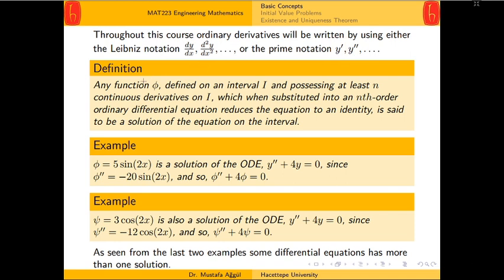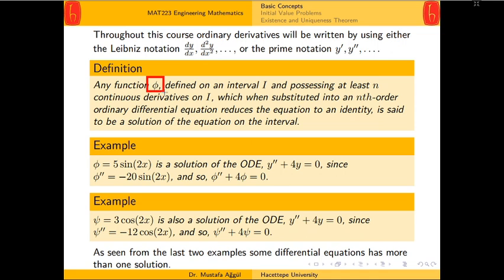Okay. A definition: any function phi defined on an interval I and possessing at least n continuous derivatives on I, which when substituted into an nth order ordinary differential equation reduces the equation to an identity, is said to be a solution of the equation on the interval. So the keywords are here.